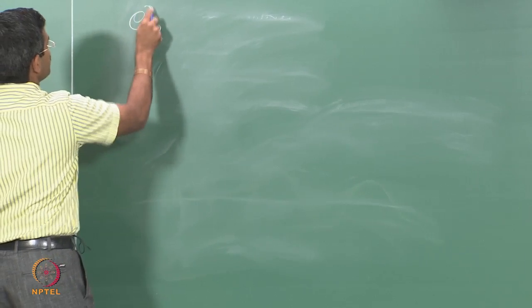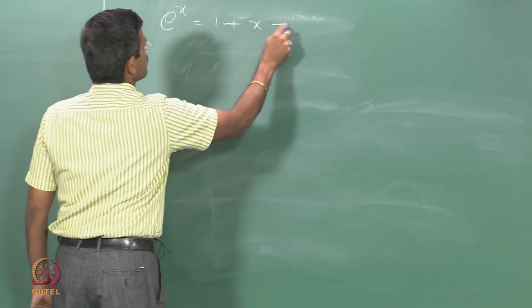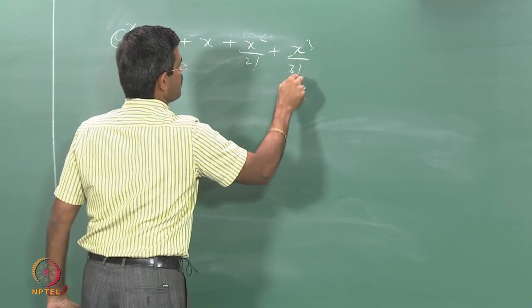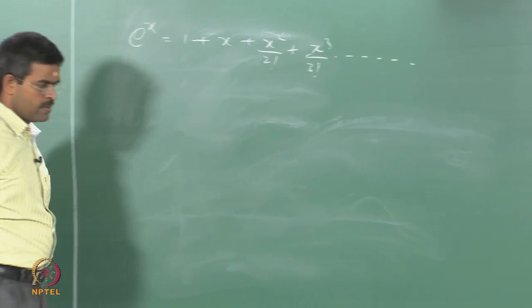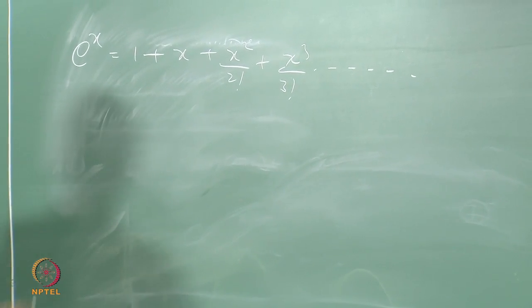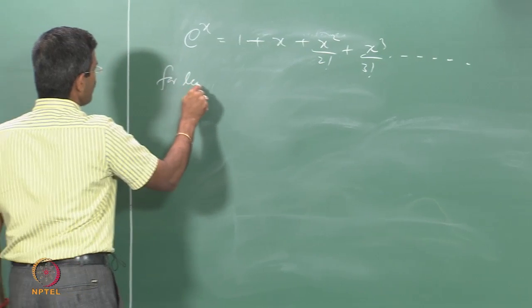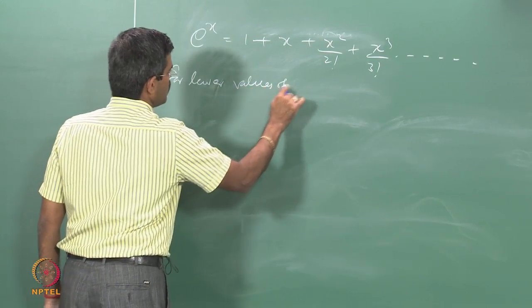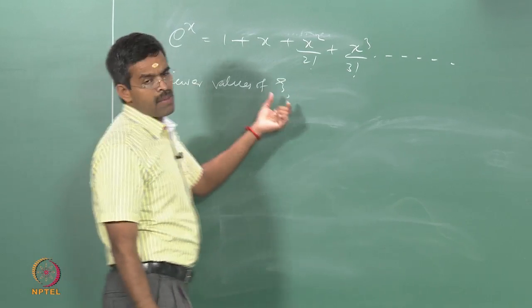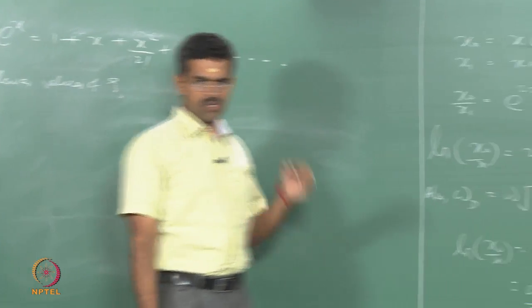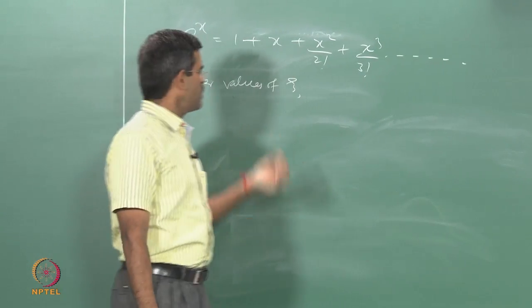So, we know e power x is 1 plus x plus x square by 2 factorial plus x cube by 3 factorial, etc. Now, for lower values of damping zeta, because zeta is a damping ratio, we already said it is 2% or 5%, which is 0.02 or 0.05, they are very low.